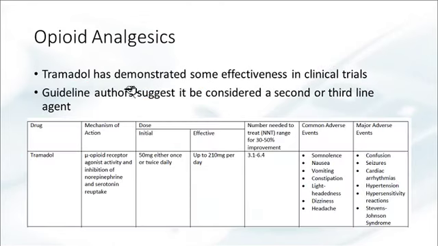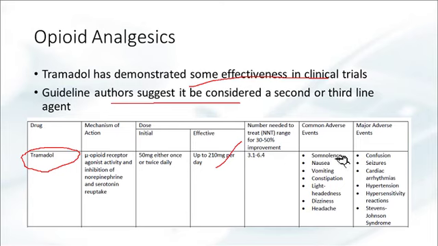Now, tramadol has been demonstrated to show some effectiveness in clinical trials, and guideline authors suggest that it should be considered as a second or third line agent. Right? So, tramadol may also be considered as an add-on agent as far as I'm concerned, and you start off at a dose of 50 milligrams once to twice a day, and you can go up to 210 milligrams per day, right?